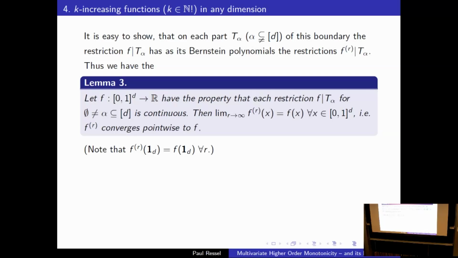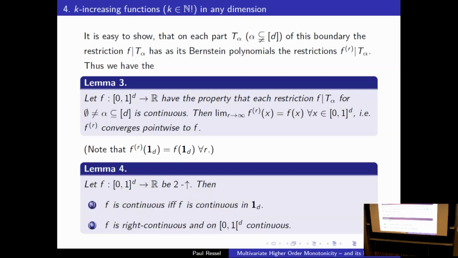If f on the unit cube has the property that each restriction to such a part is continuous, then the Bernstein polynomials converge pointwise everywhere. Because in this one last point which remains, they have the same value, whereas in all the other parts we have continuity, and we use this result here. The Bernstein polynomials will remain the right ones, so to speak.